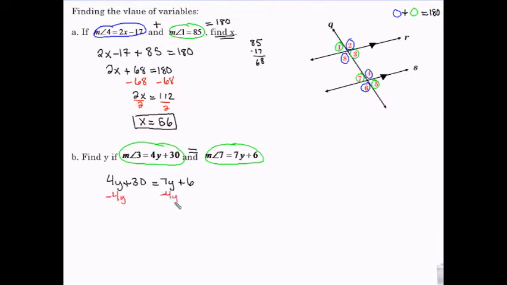I'm going to go ahead and subtract 4y from both sides, and then get 30 is equal to 3y plus 6. So 24 is equal to 3y. And then I divide by 3, and y will be 8. And again, I only had to find y. I didn't have to find any angle measures, so I can stop.